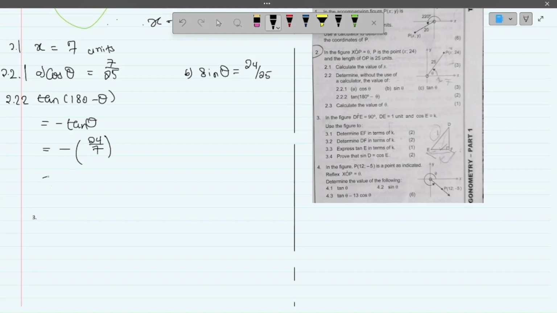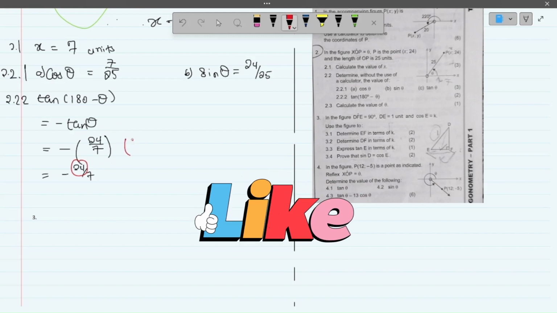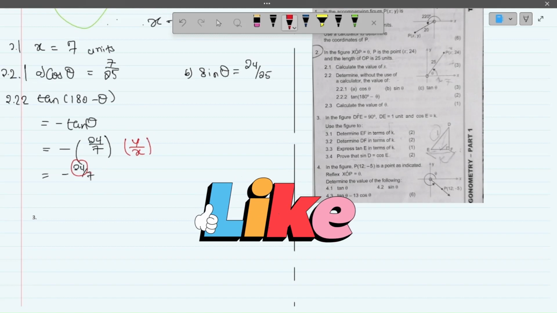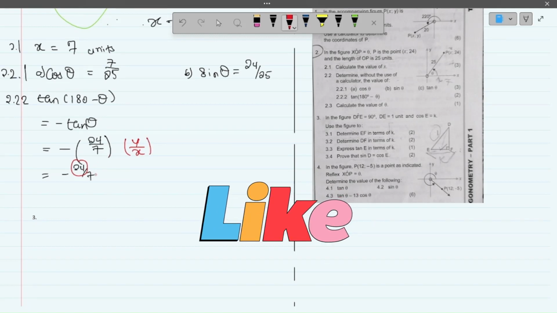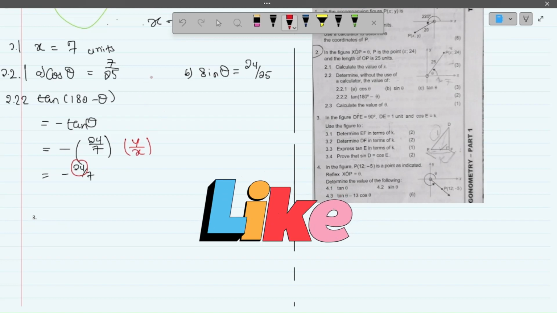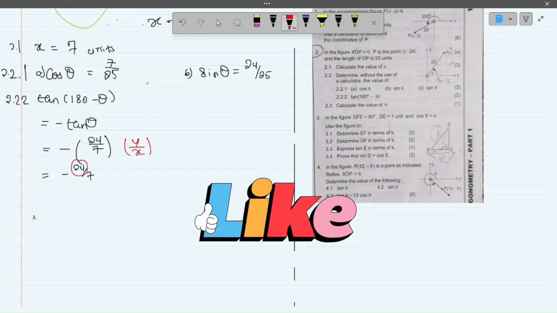So our final answer is gonna be minus 24 over 7, guys, because we know that 24 was representing our y, because tan is gonna be y over x, and you know that our value of y is 24, our value of x is 7. All right, so we're done with 2.2.2, guys.